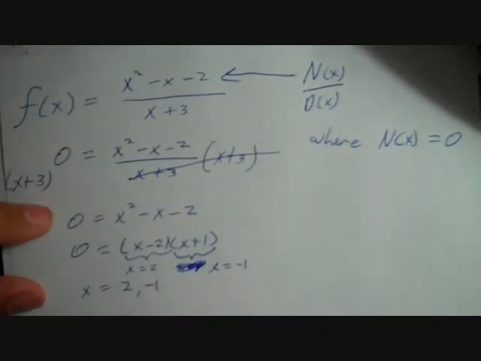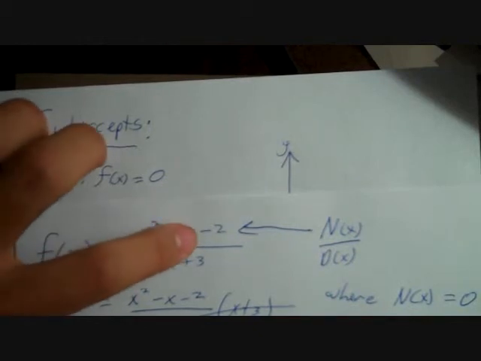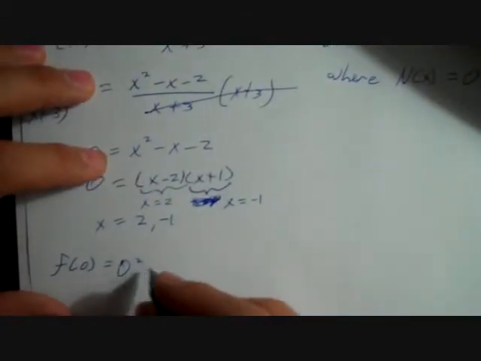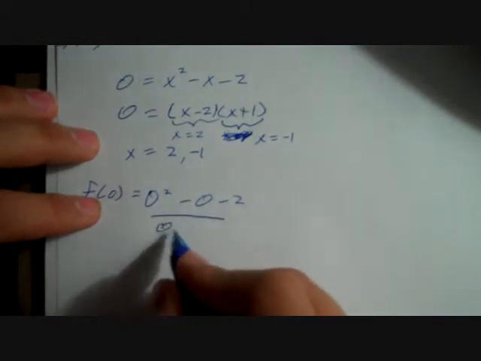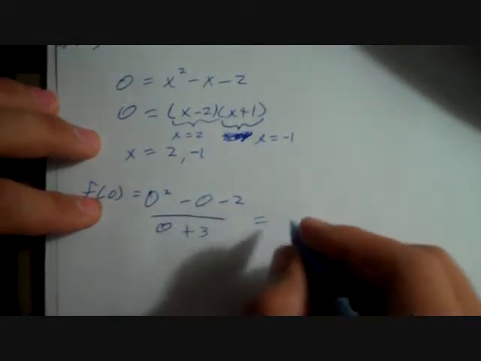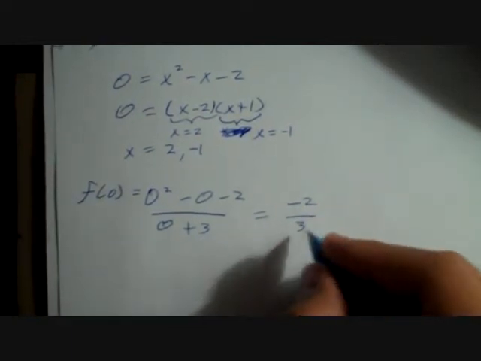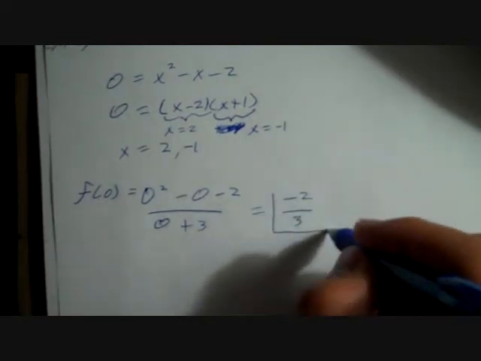Well, we just do f of 0, which is 0 squared minus 0 minus 2 over 0 plus 3. That equals 0 minus 0 minus 2, so negative 2, over 0 plus 3, which is 3. So f of 0 is negative 2/3.